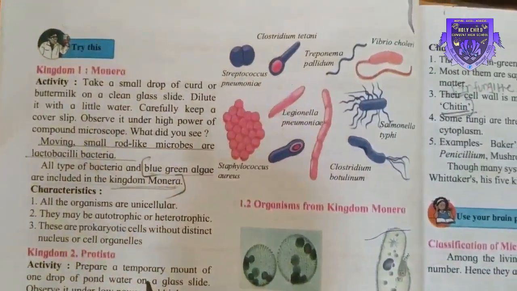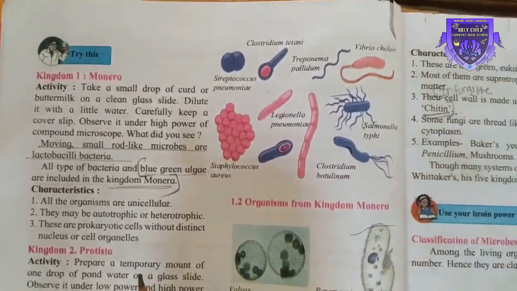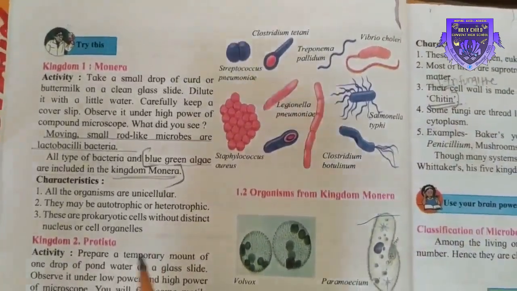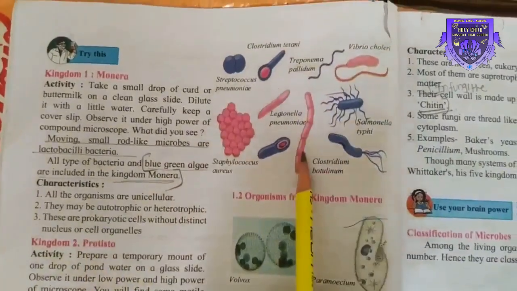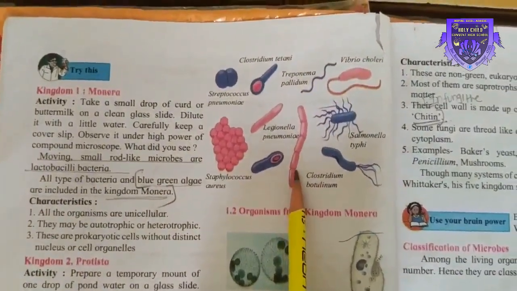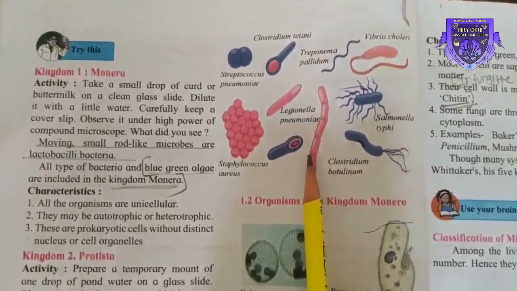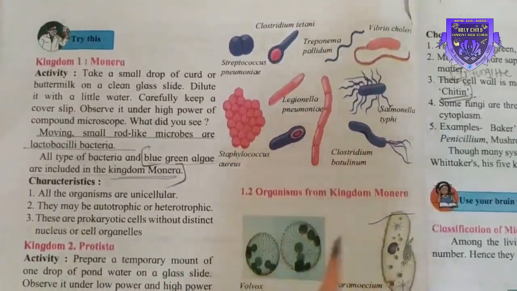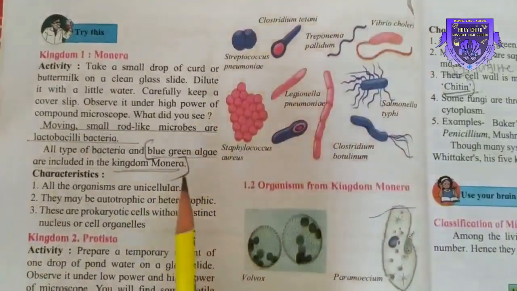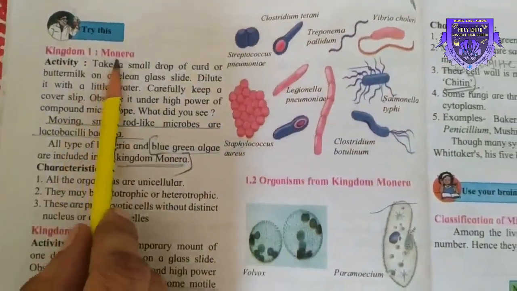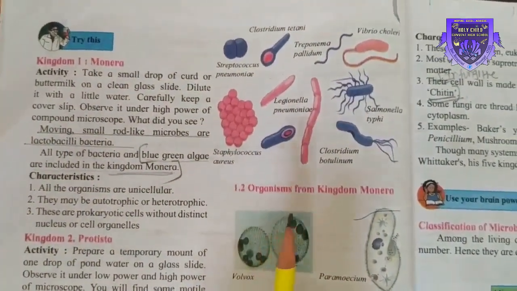If you take a small drop of buttermilk and mix it with some water and observe it under a microscope, you will find some rod-like structures. They are nothing but bacteria, and the name of it is lactobacilli. So all the types of bacteria are included in this group of Monera, and also the blue-green algae.